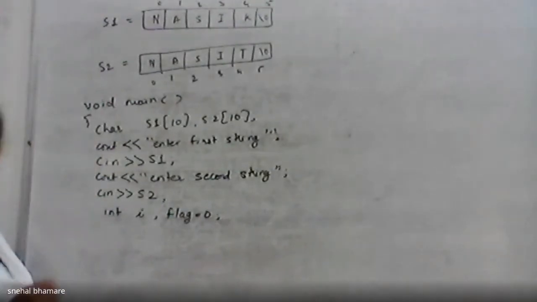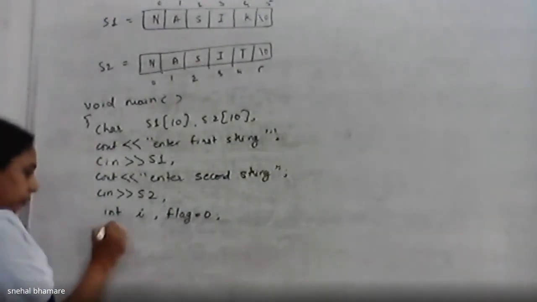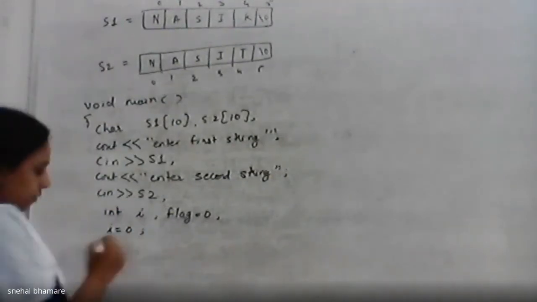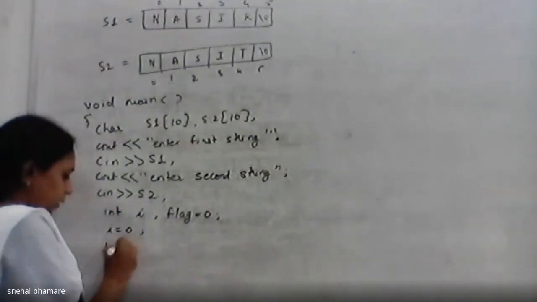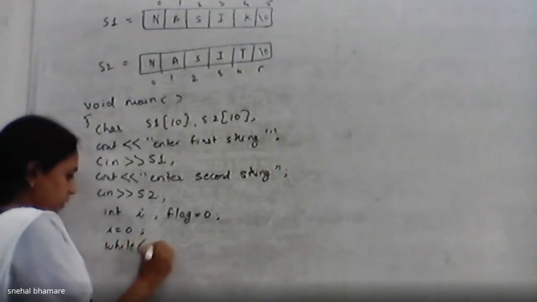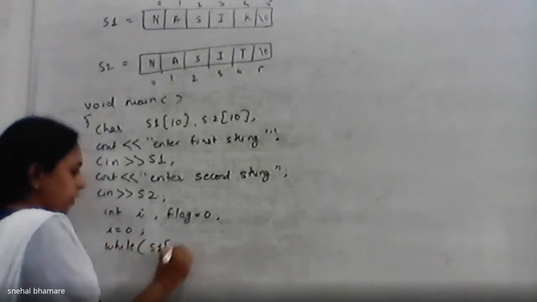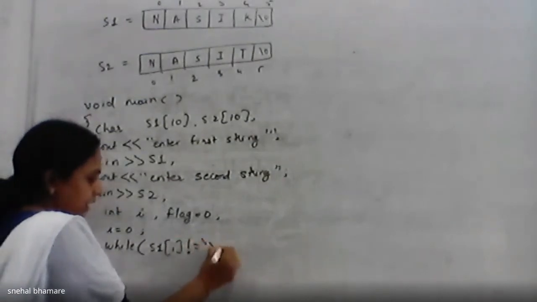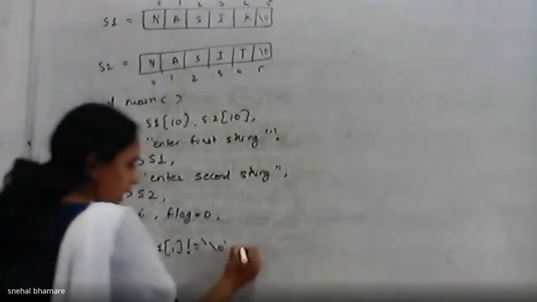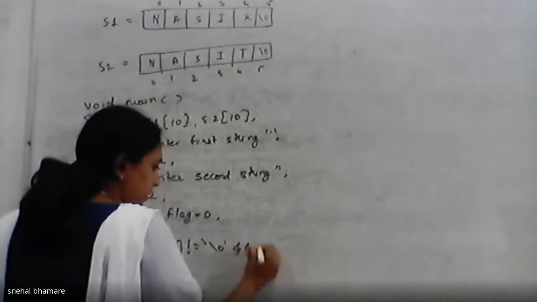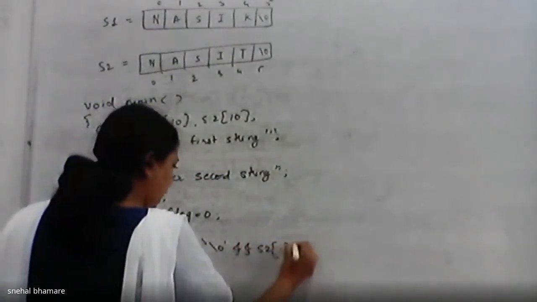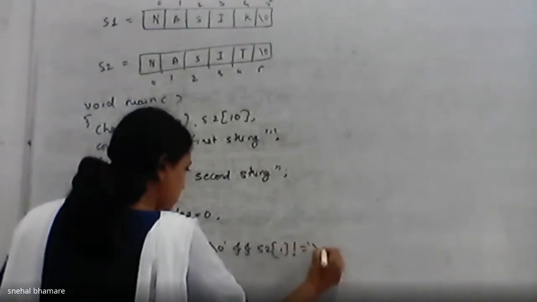Okay. Now i equals 0. While S1 of i is not equal to slash 0 and S2 of i is not equal to slash 0.